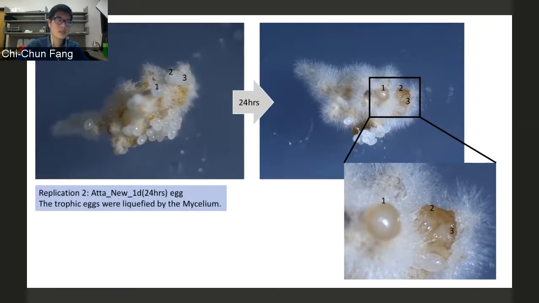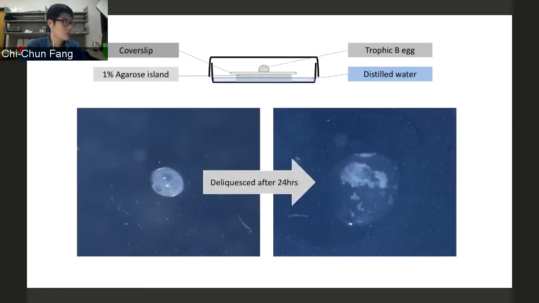We were really interested to know that. The next step we did is we put the trophic B egg on a cover slip in a close to 100% humidity environment, in a petri dish. After 24 hours, the egg deliquesced by itself.